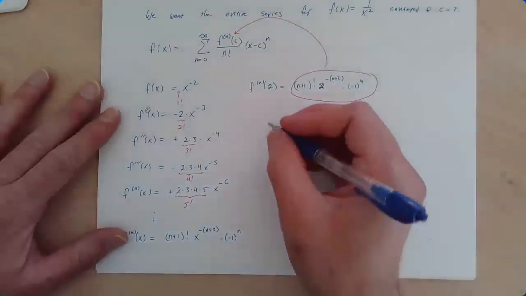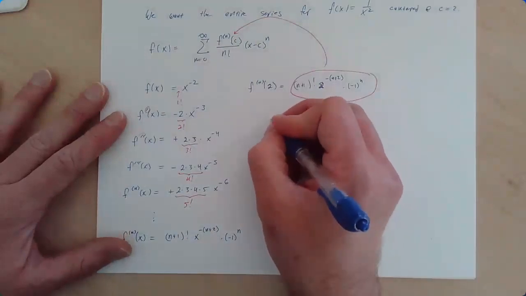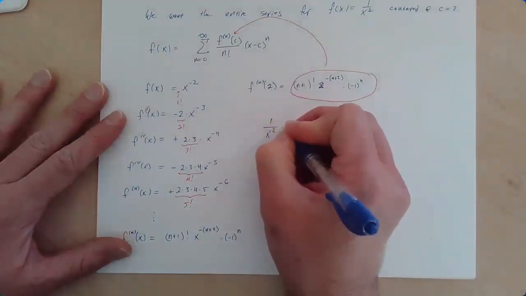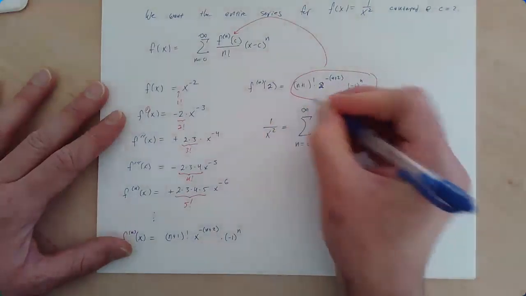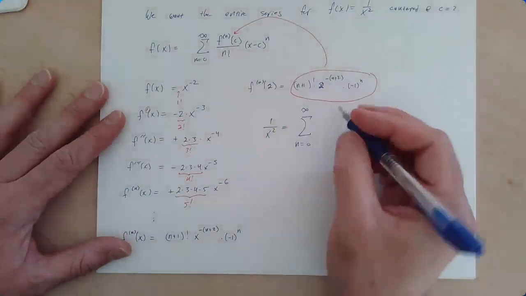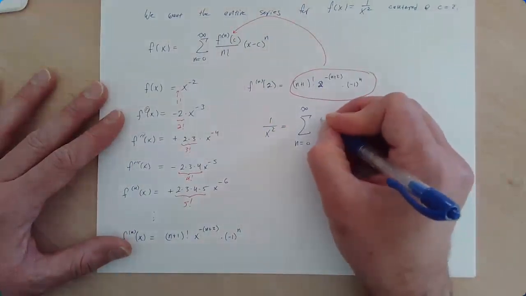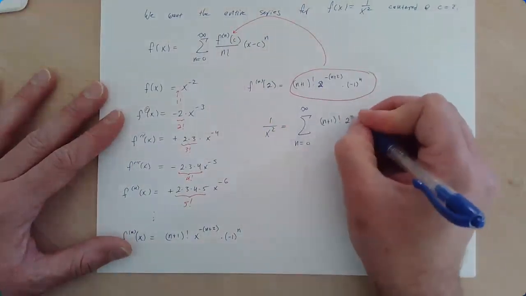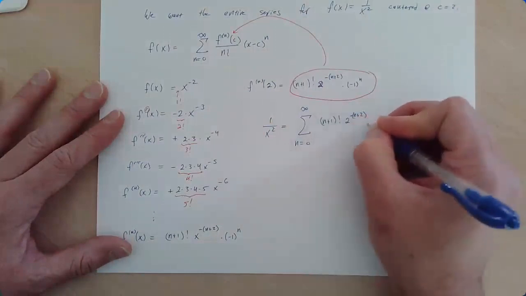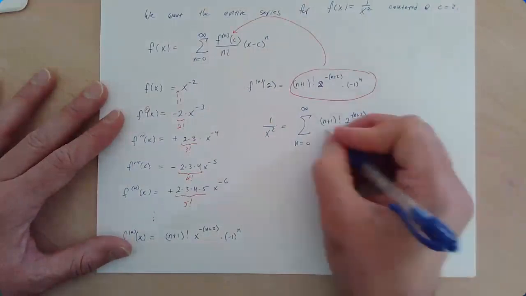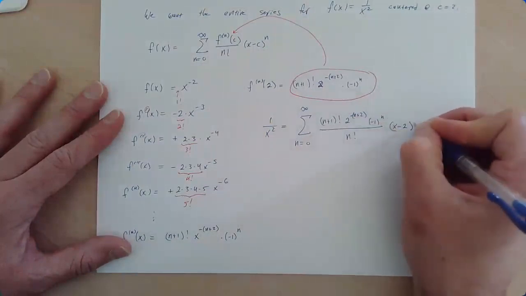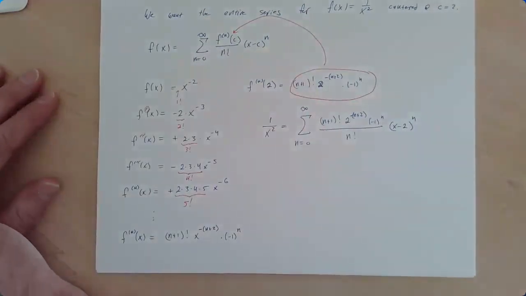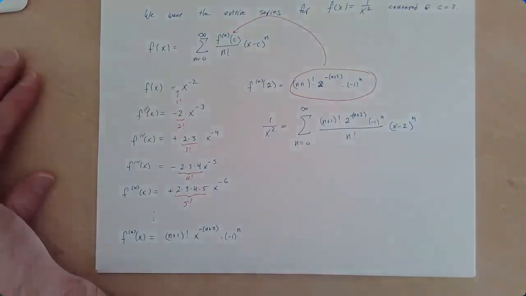So when we write out what our actual function is equal to, we're going to say that 1 over x squared is equal to the sum n equals 0 to infinity of all of this over n factorial. So n plus 1 factorial times 2 to the negative n plus 2 times -1 to the n over n factorial times x minus 2 to the n. Kind of a lot.